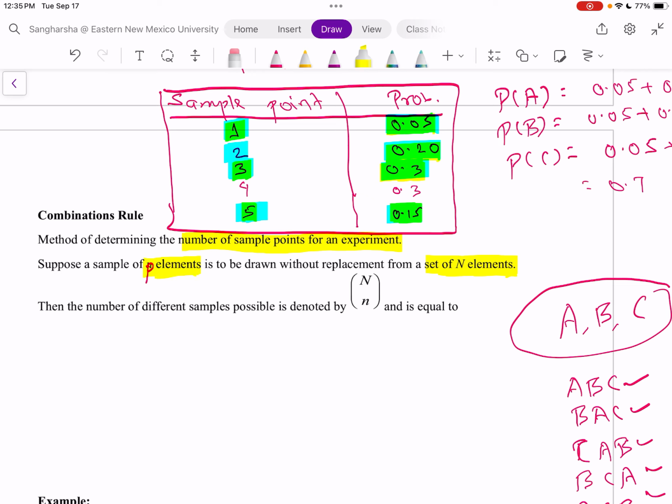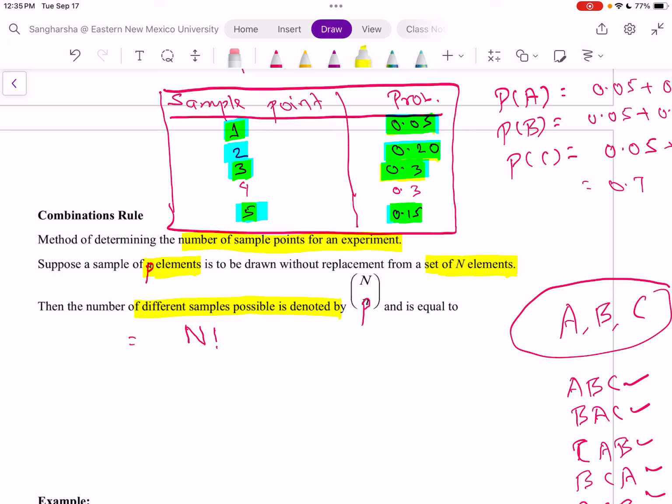Then the number of different samples possible is denoted like this. I'm using p for n here. So the number of possible samples is nCp, and this equals n factorial. Have you seen this sign? Do you know what we call it? Let me rewrite this.